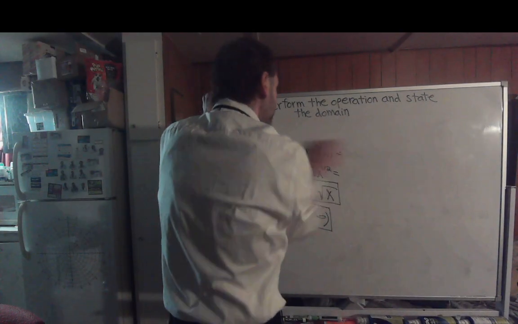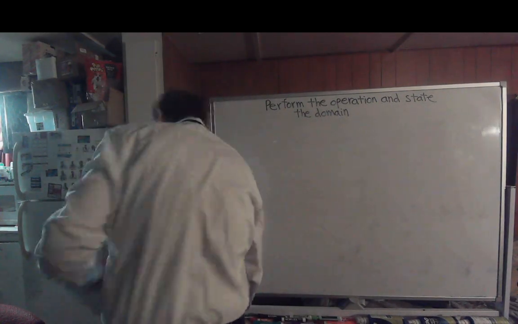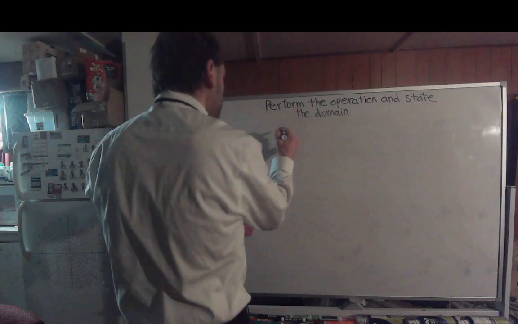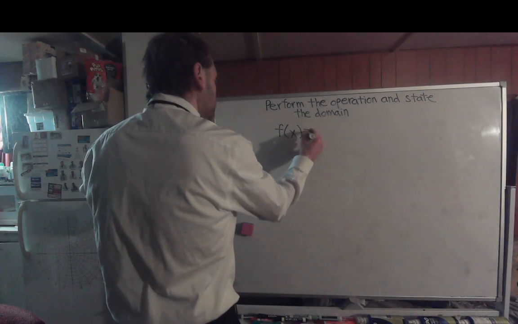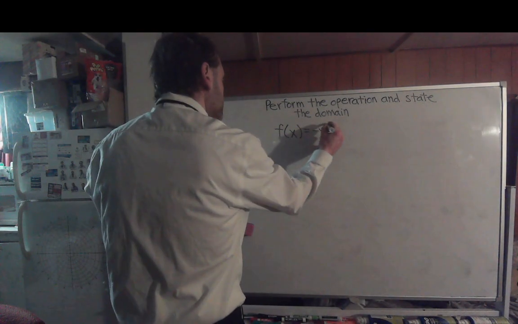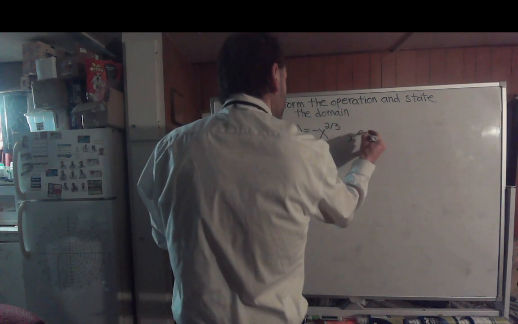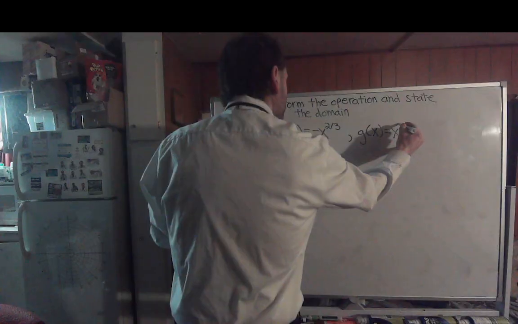Alright. Now, f of x equals negative x to the 2/3, and then g of x equals x to the 2/3.